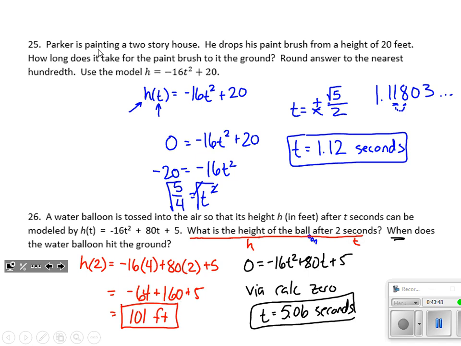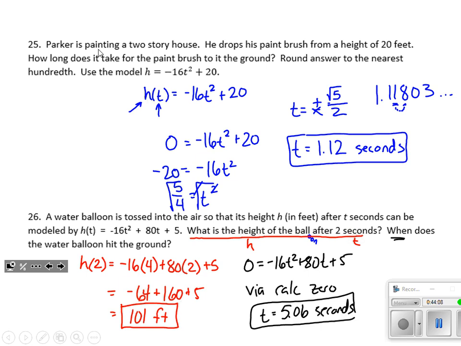And if you'll notice, I did make a little claim there that I used Calc 0. So when you're doing this type of work, it's really nice for me as the teacher to see how you're arriving at that answer. I don't want to see just an answer written down. So here by saying via Calc 0, I know you're using your calculator, and I know you're using the 0 function in that calculator to come up with your answer.